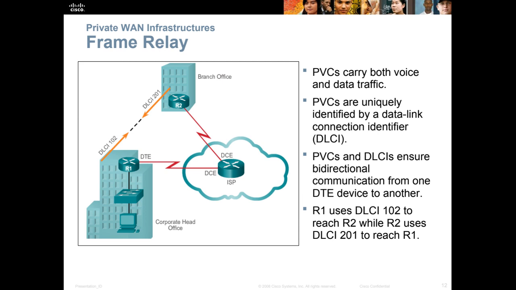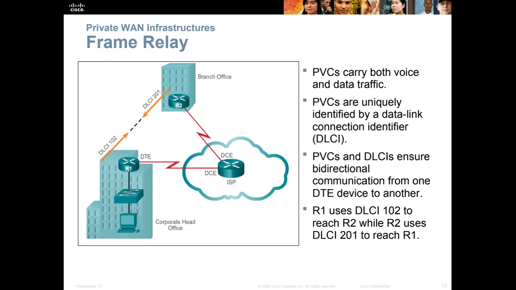From 1 to 2, we call it DLCI 102, to give you an indication what this connection is for. What about from 3 to 1? Then it will be 301. From 1 to 3, 103. PVC and DLCIs ensure bidirectional communication from one DTE device to another.